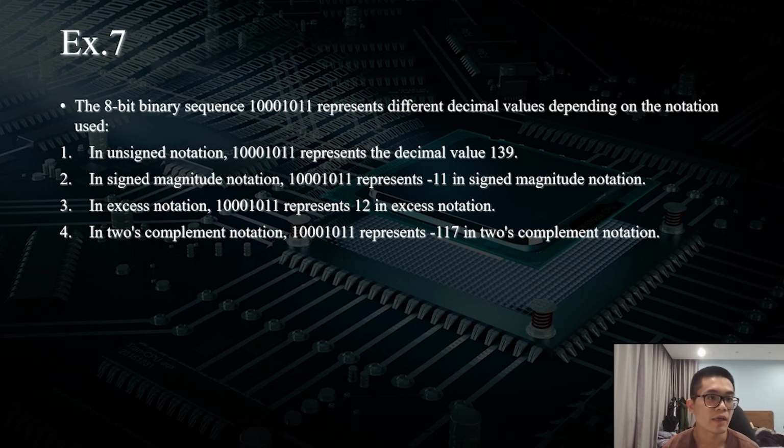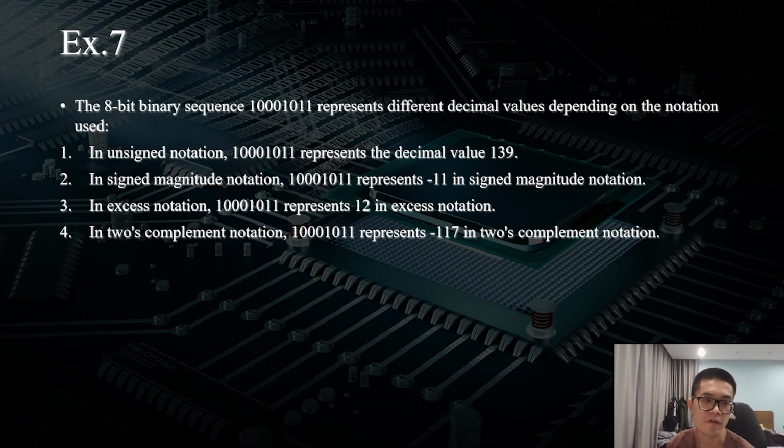Number 1, in unsigned notation, this number represents the decimal value 139. The second, in sign magnitude notation, this number represents minus 11. The third, in excess notation, this number represents 12.